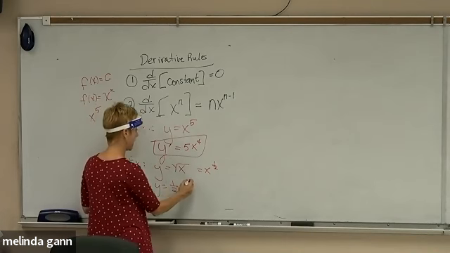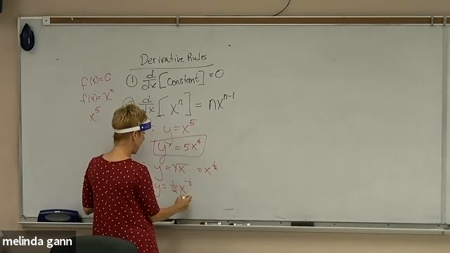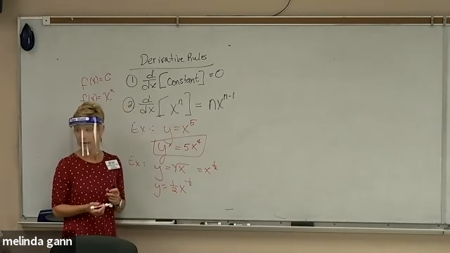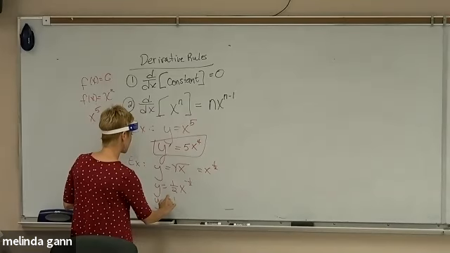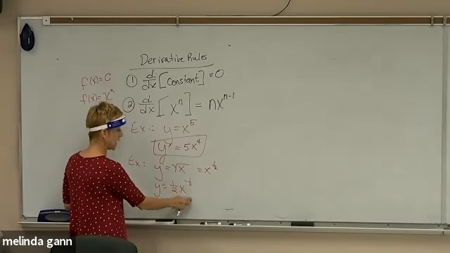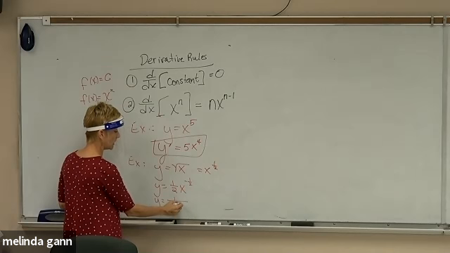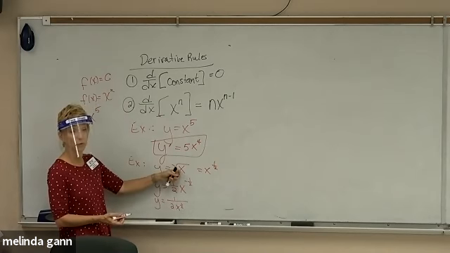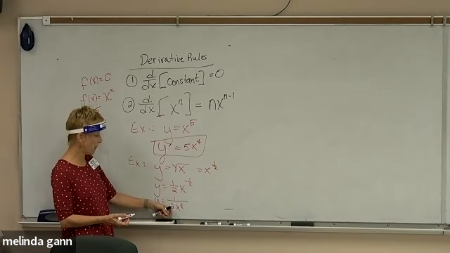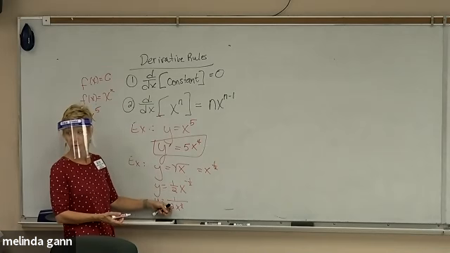A negative 1/2. Now, they do not like negative exponents in the back. So if you go to the back, it's going to look like this. They're going to pull that to the bottom, make it a positive 1/2. And then because they gave it to you in a root, they're probably going to put it back in a root.